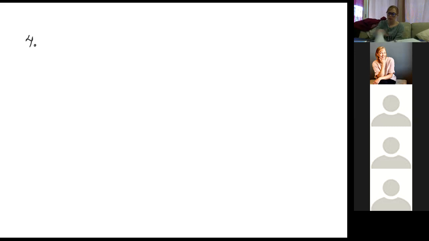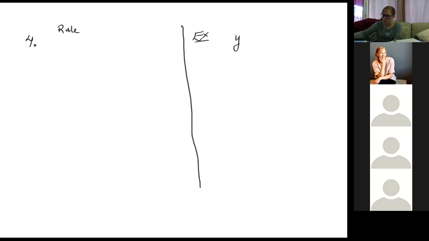Okay, so this is my rule, and this is my example on the right. Start with the function y is equal to e to the 3x, let's say, and if I find the derivative, dy dx, I have to use chain rule here.